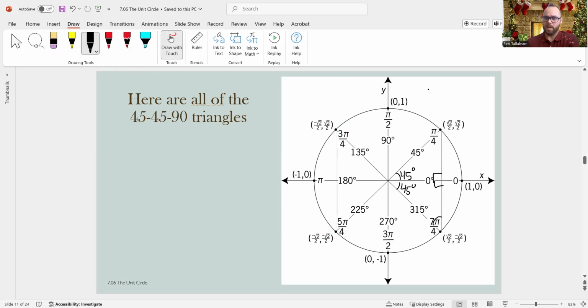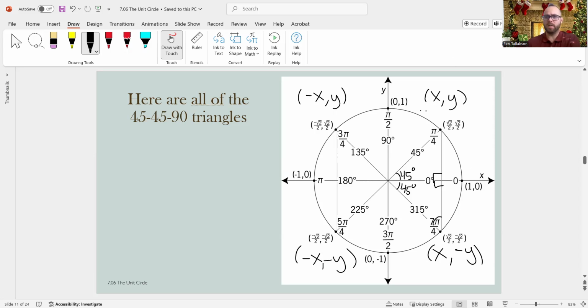Remember, any point on any graph in quadrant 1 has a positive x, positive y. Quadrant 2 always has a negative x, positive y. Quadrant 3, both are negative. And quadrant 4, x is positive, y is negative. That's why you see the sign changes.